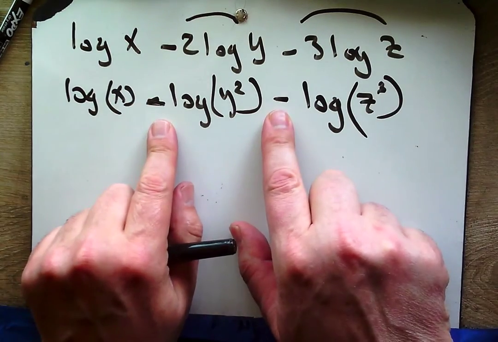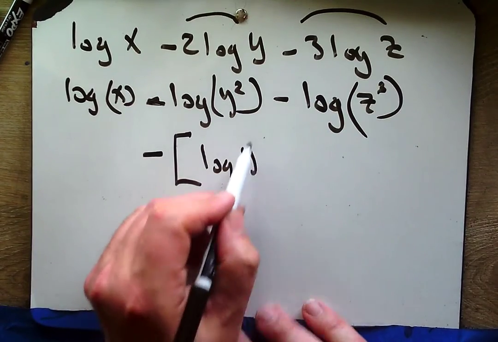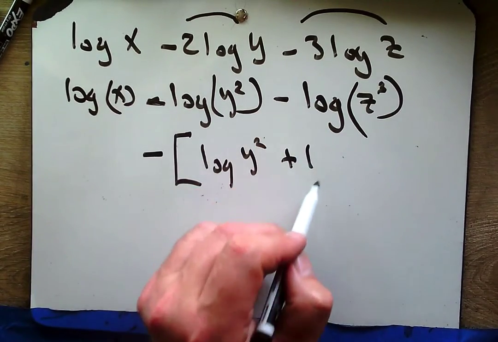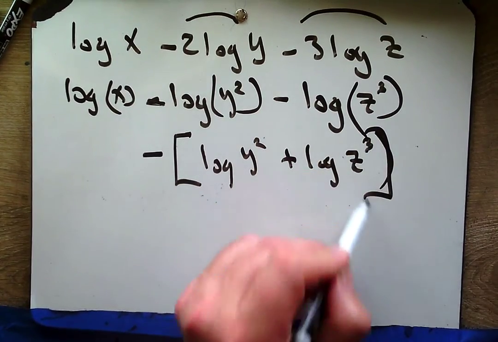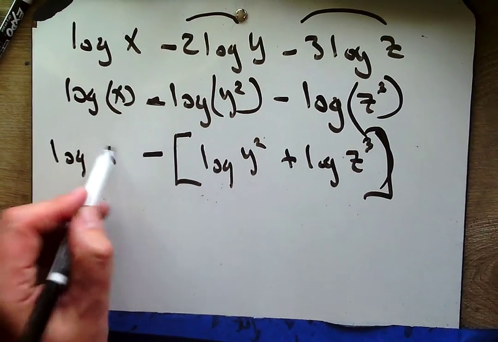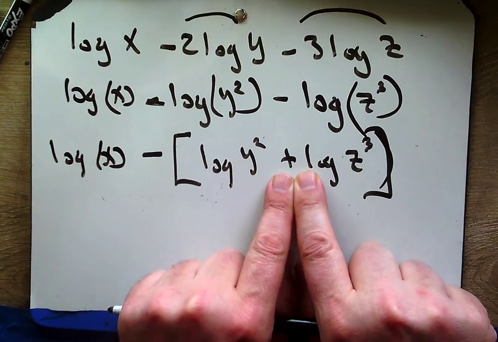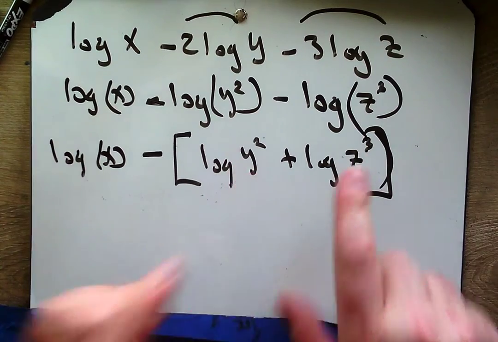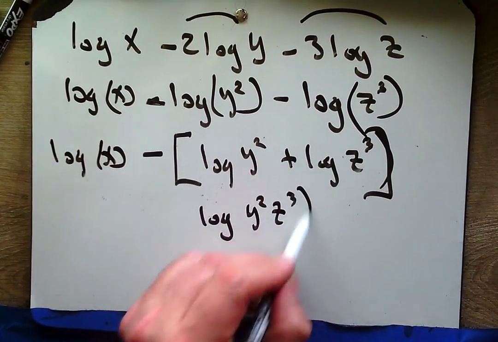Instead, you could think about this. You could factor out a negative: log of y squared plus log of z to the 3rd. Oops, bracket. So 2 logs joined with addition. Oh, that means I'm going to multiply these together in 1 log, y squared z to the 3rd.